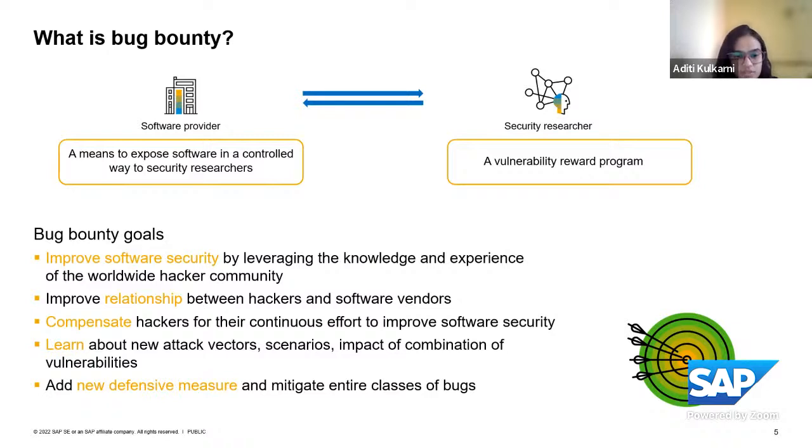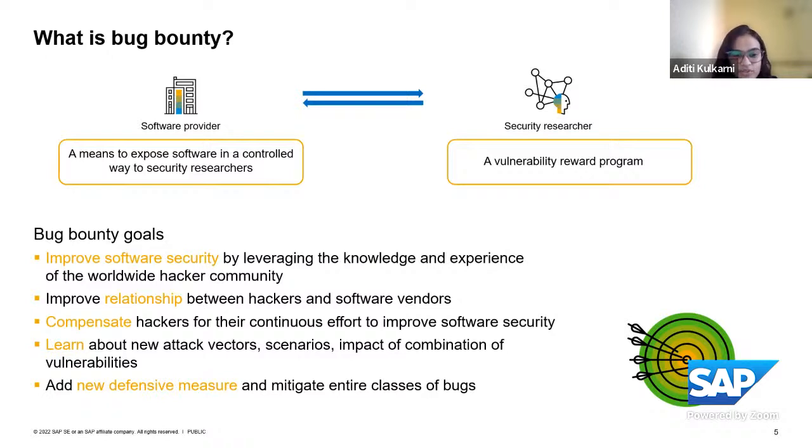So that is a good thing to get to know the different kinds of attack vectors and scenarios, and even maybe combine two different types of vulnerabilities. If, say, two medium severity vulnerabilities are clubbed together, it could give rise to a more critical vulnerability.